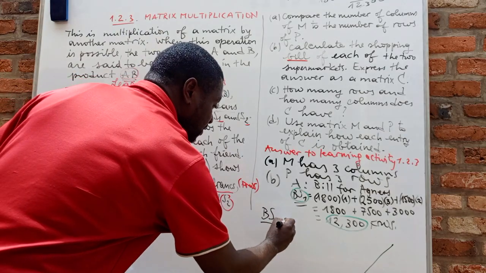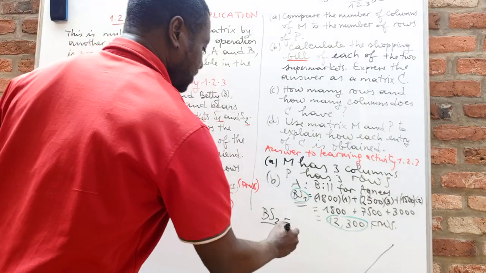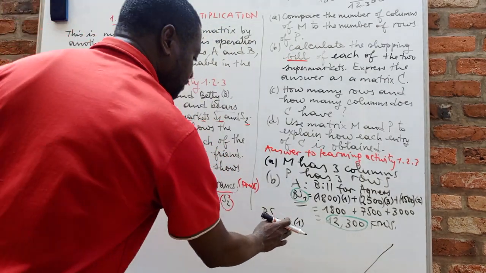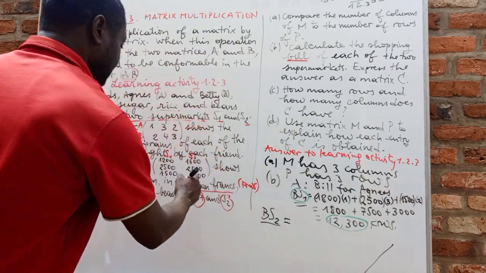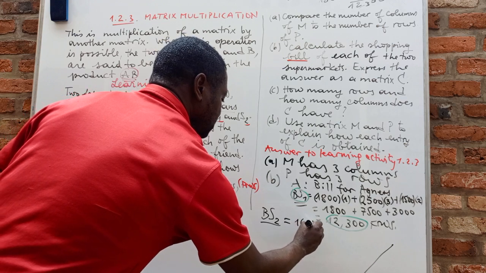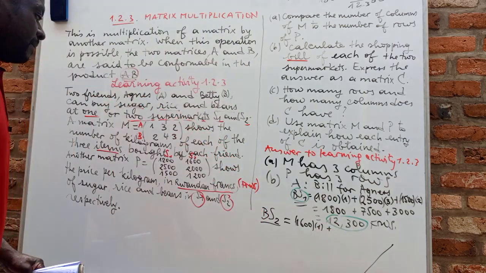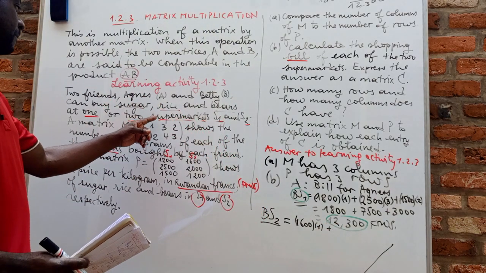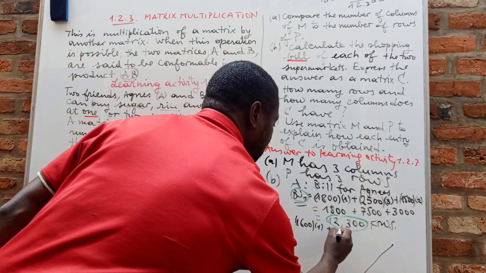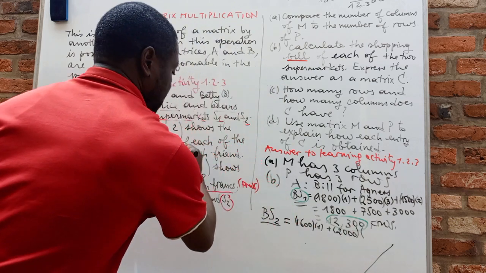So still we have 1 kilo of sugar for Agnes. Now we have to multiply by the price at the second supermarket. It is 1,600, so we multiply by 1. Now for rice, we have 3 times the price, 2,000 times 3.